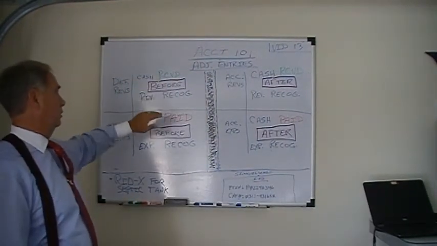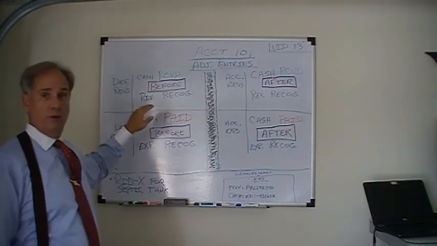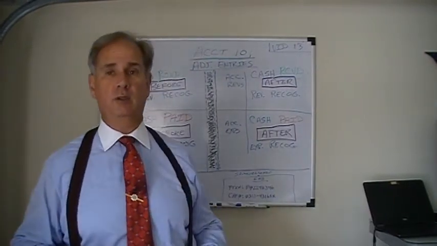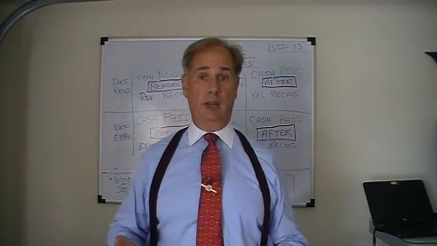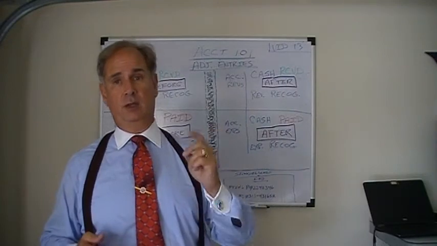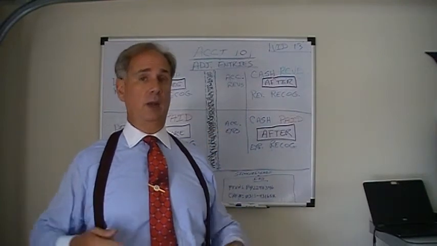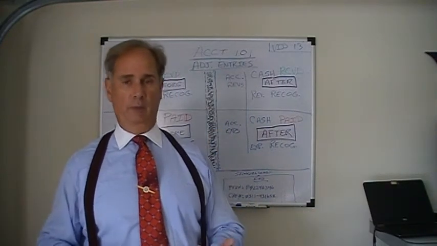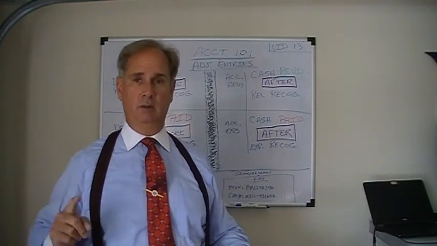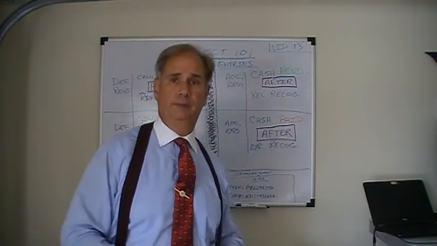Cash received before the revenue is recognized. Cash was received on January 1st. The revenue was recognized on April 15th. Two sets of entries. The second entry was the adjusting entry. How do we know that? Well, it didn't involve cash. It involved a balance sheet account, and it involved an income statement account.